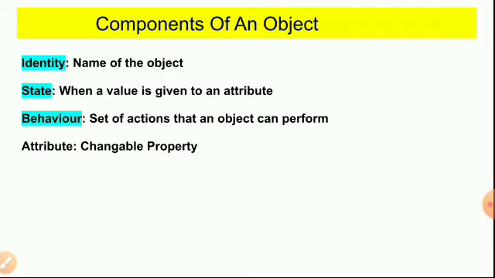So you can see that I have associated doggy one with name, yes with hungry, and black with its color attribute. So when you assign certain values to the attributes, they are known as state.